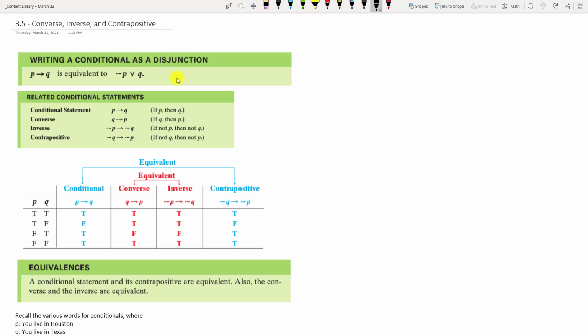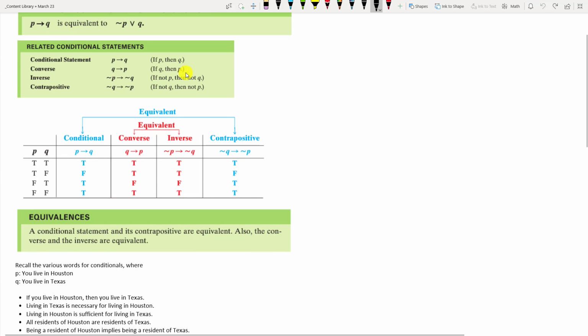The main focus of this table and this note is to talk about these related conditional statements. We have the conditional statement if P then Q. If you reverse the order and say if Q then P, that's what we call the converse. You may have heard that in spoken English, when someone says, well, the converse of that is true.